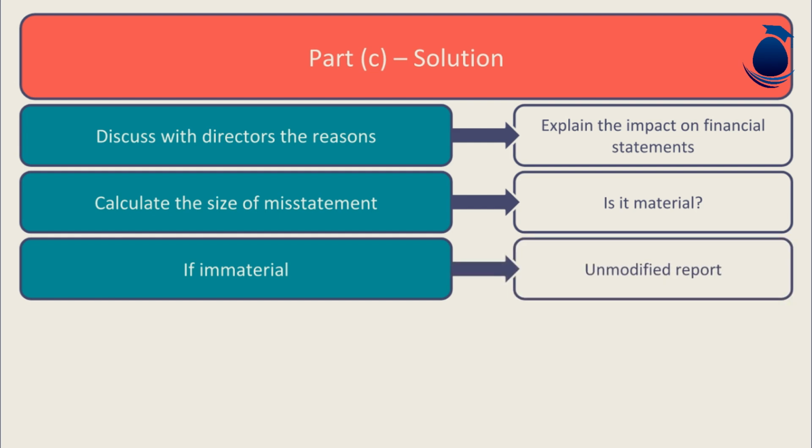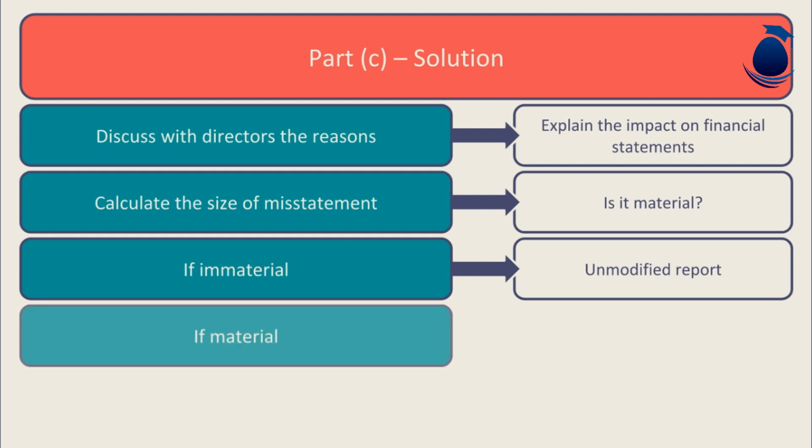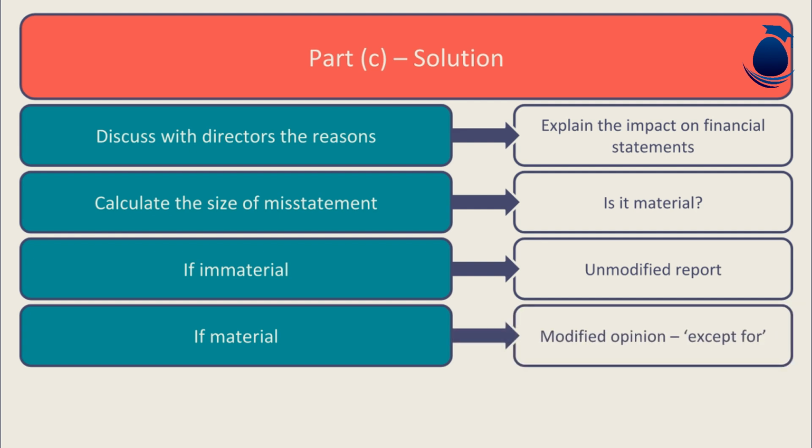They should include the misstatement in the schedule of unadjusted errors to review at the end of the audit process, just in case there are other errors that in aggregate could be material. If the misstatement is material and the directors refuse to amend, then the auditors would need to modify the audit report. It would be material, not pervasive, as unlikely to be large enough to be pervasive.